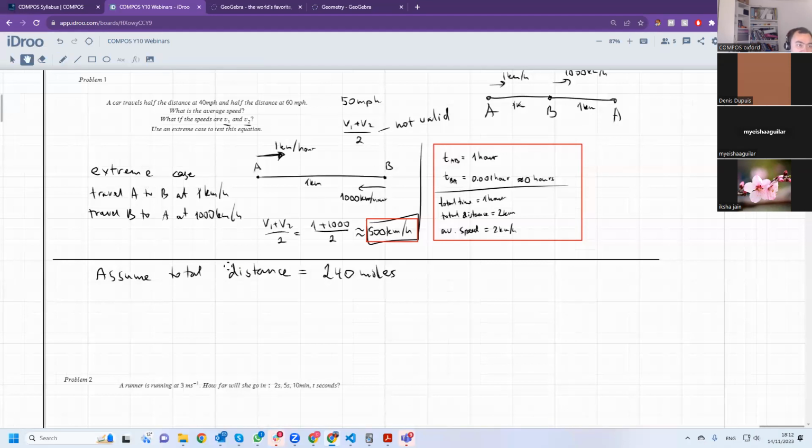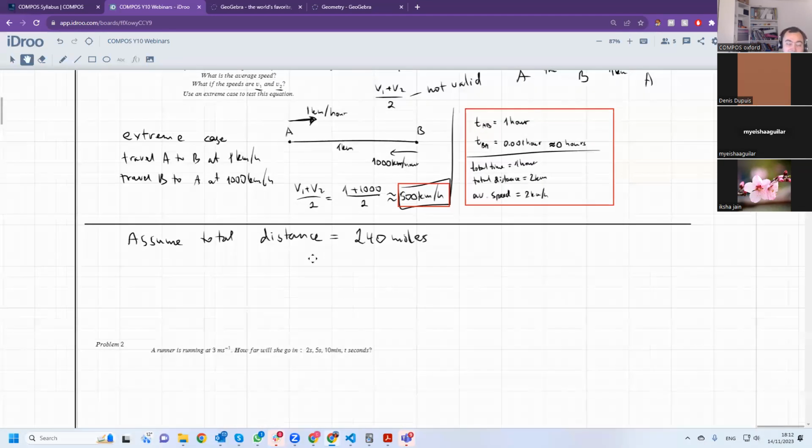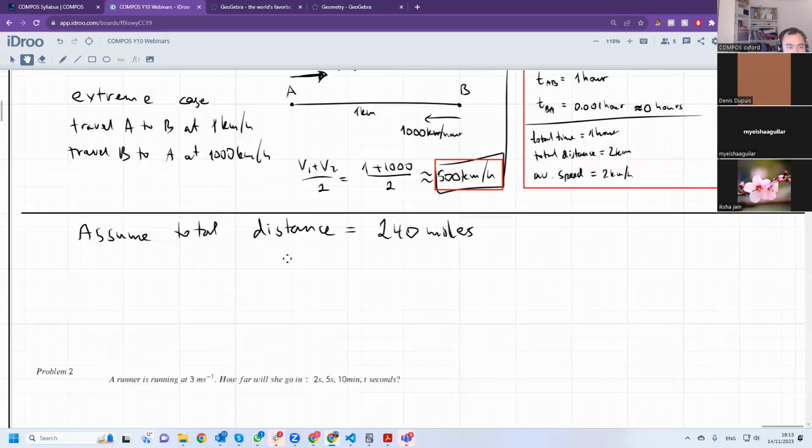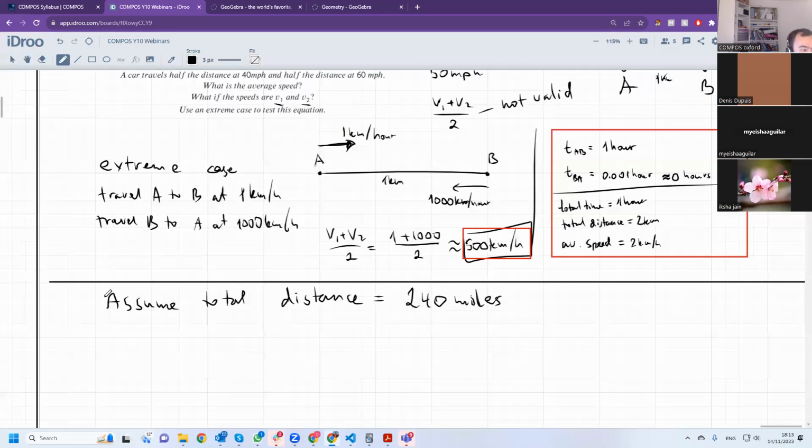I'm just choosing a convenient number that divides by 60 and by 40. That's all I'm doing. Then first 120 miles at 40 miles an hour.